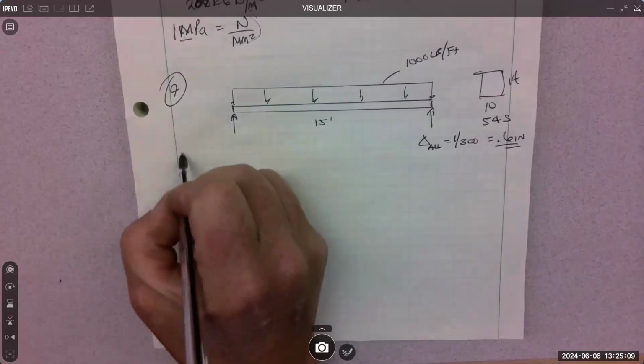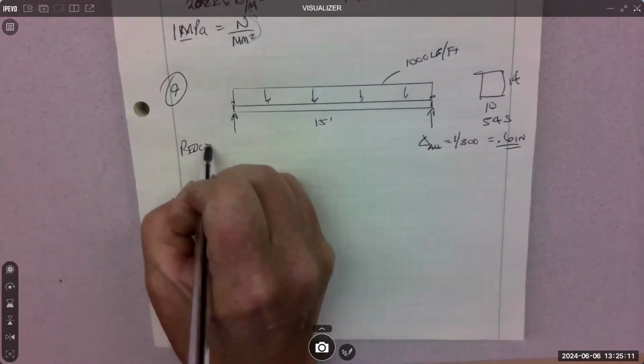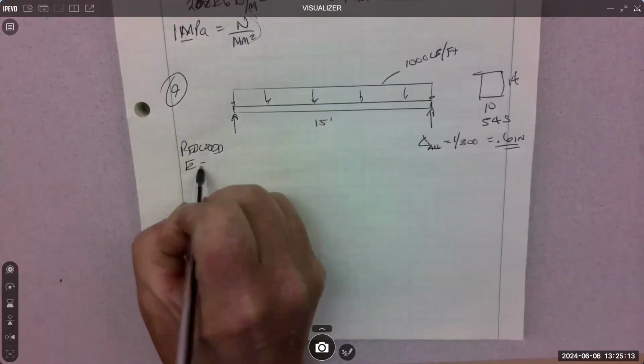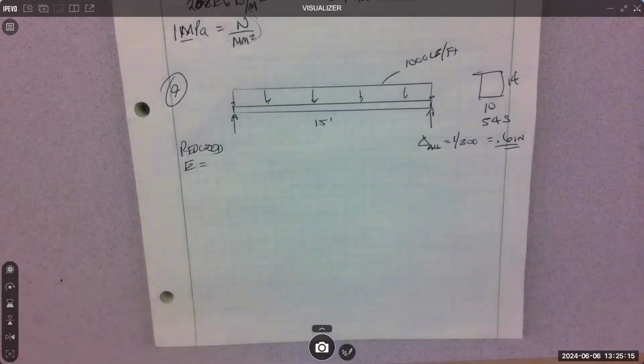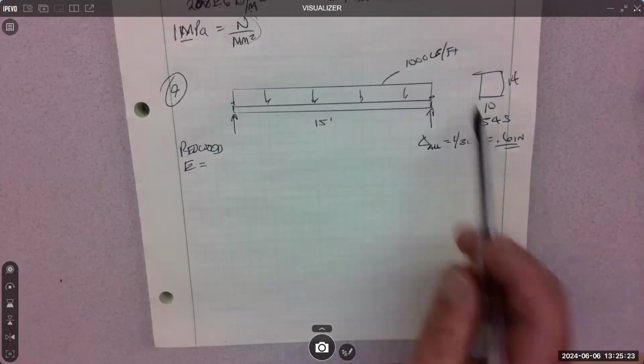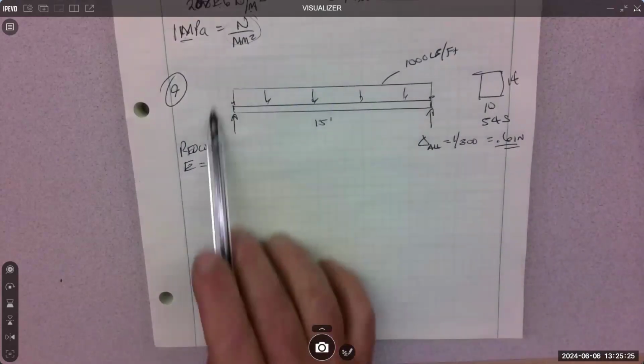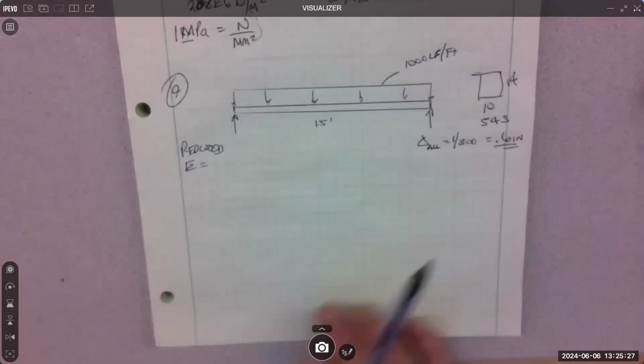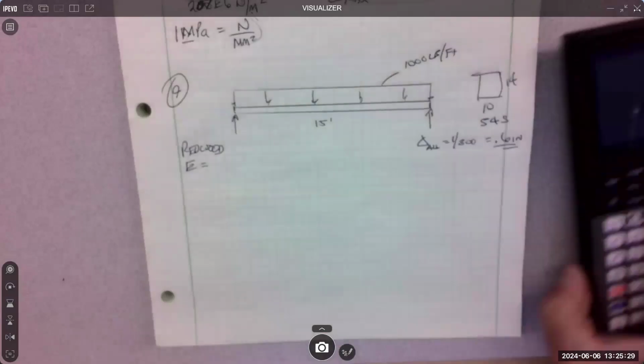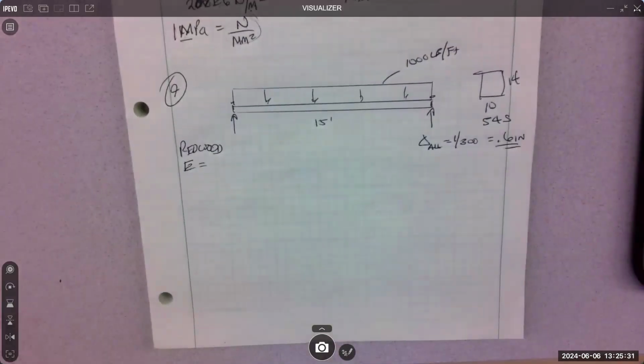Redwood. That gives me an E value. I think we're good. What's the formula for deflection? I think it's beam number one, right?